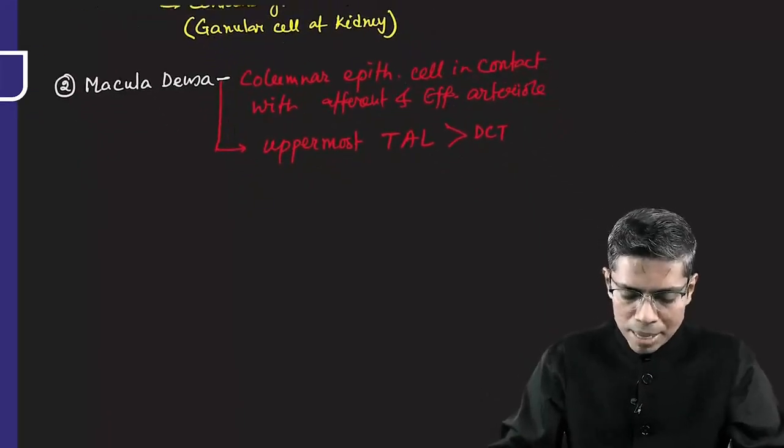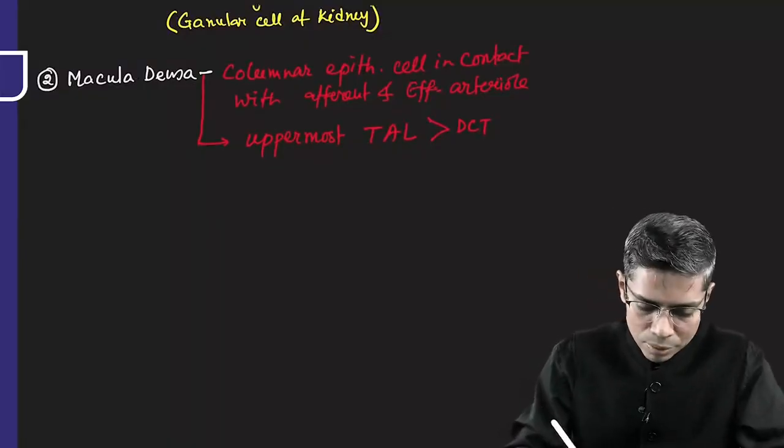So around 20 epithelium cells form a patch located in the uppermost part of the TAL, in contact with the afferent and efferent arteriole, and those cells are known as the macula densa cells. Right. So where the macula densa cell is located, we have also answered.